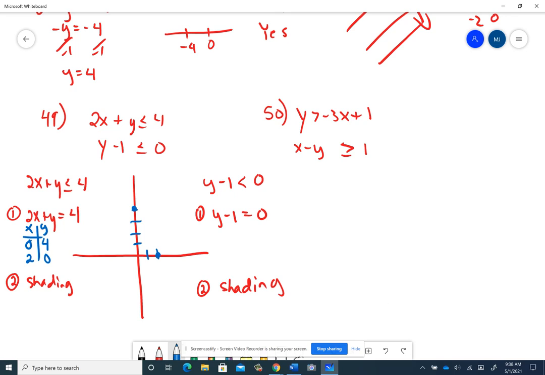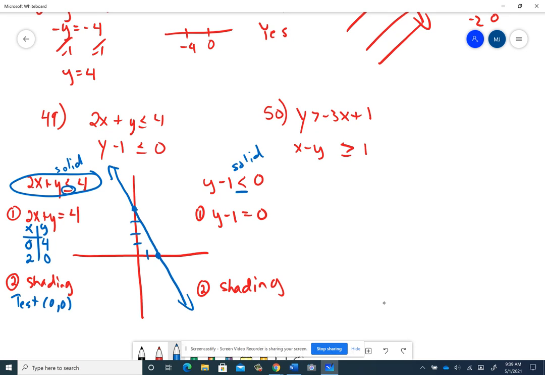It's on the x-axis. Actually, this one was supposed to be or equal to also. I just wrote that wrong. So it's solid as well. So I'm doing this guy in blue. So here's the line. It's solid through those 2 points. Okay, now for the shading, I'm going to test 0, 0.